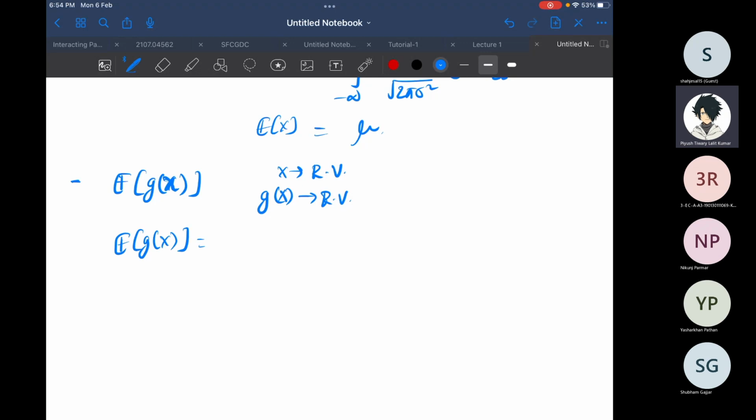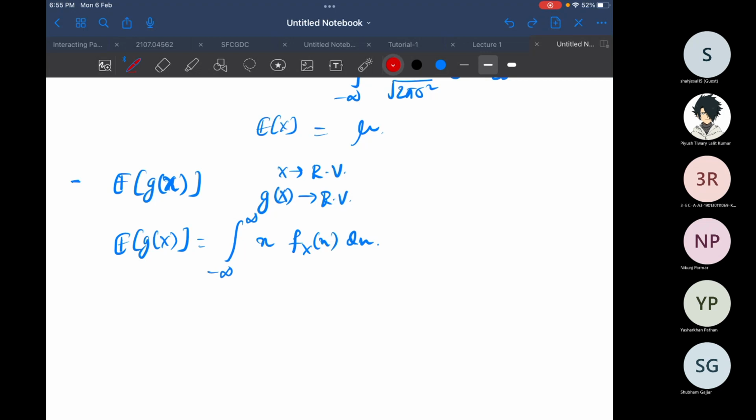So you just use the same formula. The formula was this thing. You had x here earlier times fx of x, dx. This is what we had earlier. Now instead of x, he has given you g of x, so you just change this.